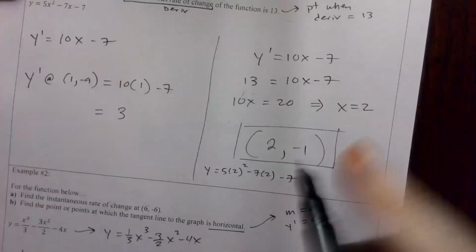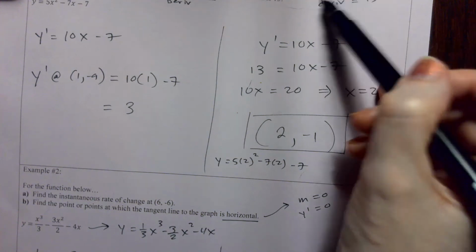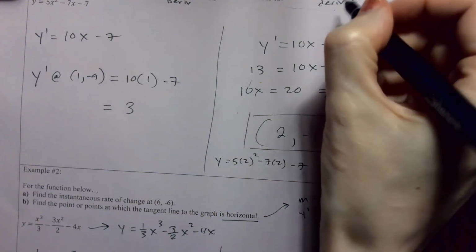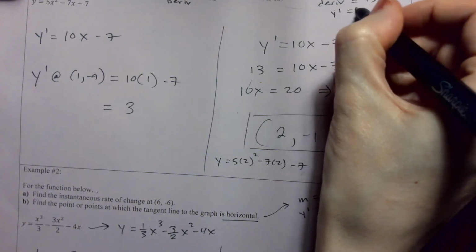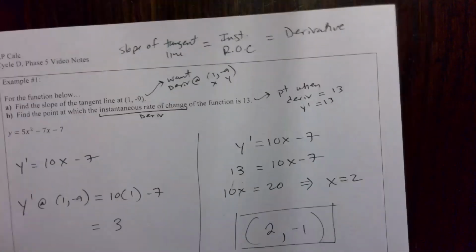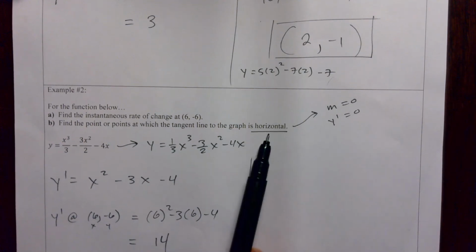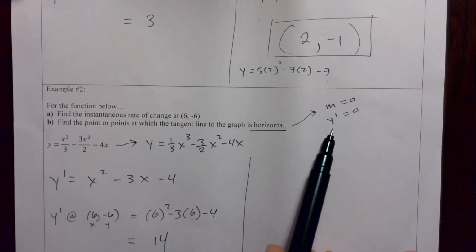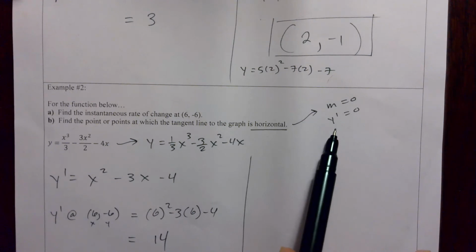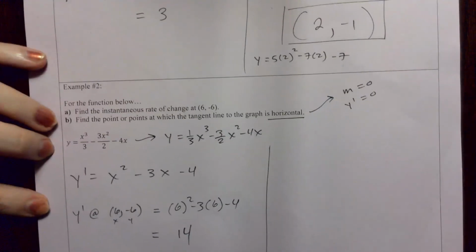Oh yeah, and even up here, guys, you could put y prime in for the derivative. So for a horizontal line, if the tangent line is horizontal, then its slope is 0. So that means that y prime is 0, because that's the slope of the tangent line.